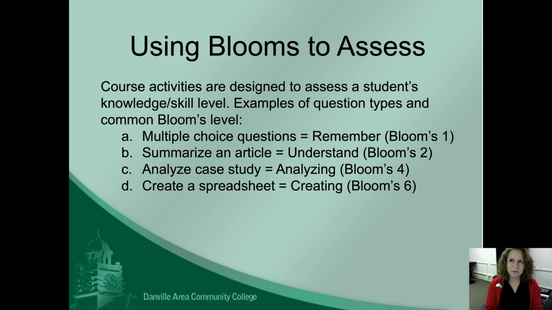To summarize, to read, and then just restate in their own words an article or research, that would be understand. And to ask a student to analyze a case study, where they would read an example of a scenario and then have to develop maybe their own solutions to problems, analyze the problem and explain it.